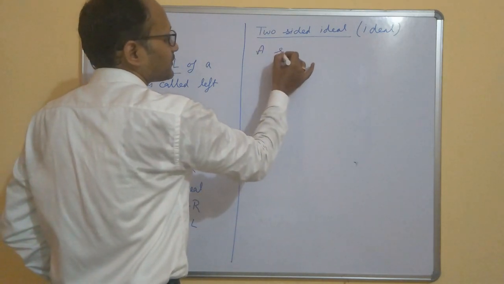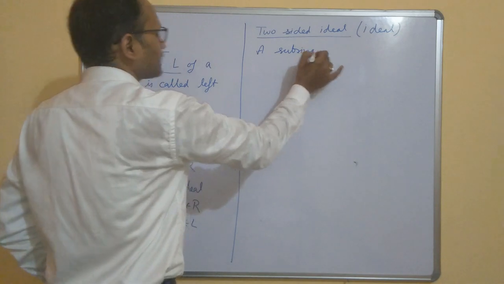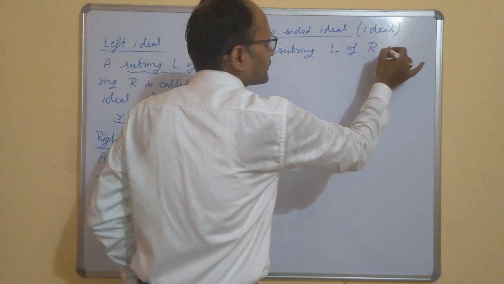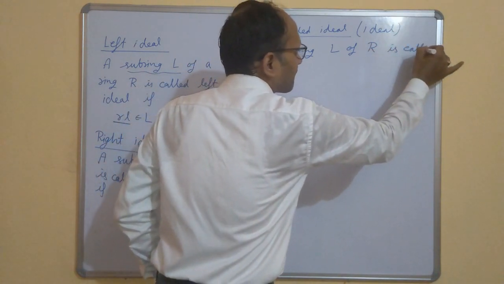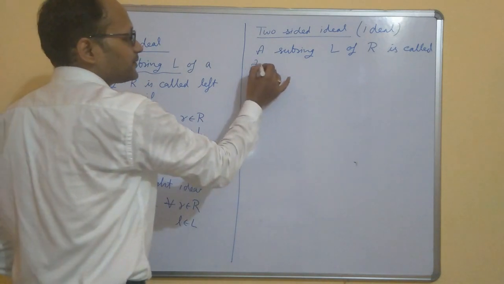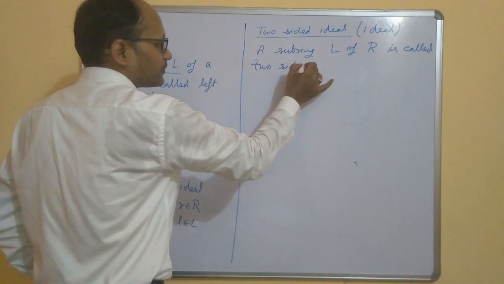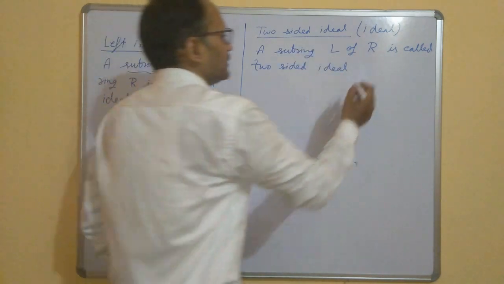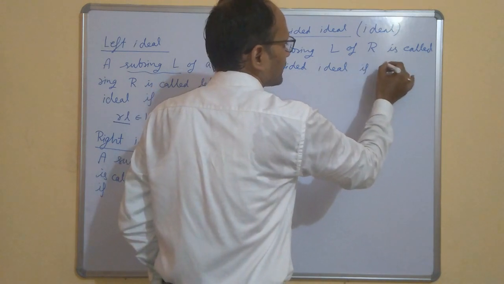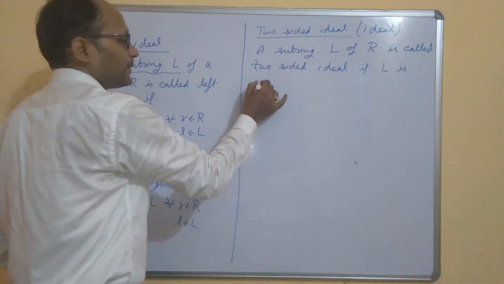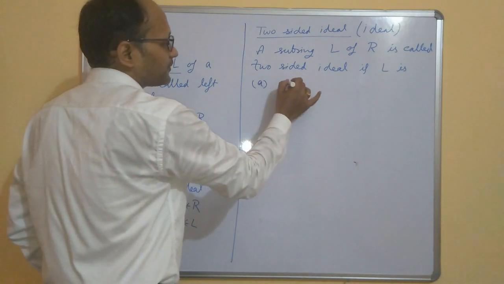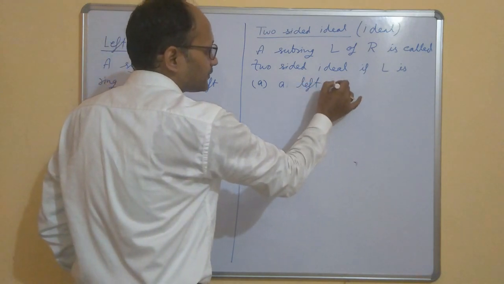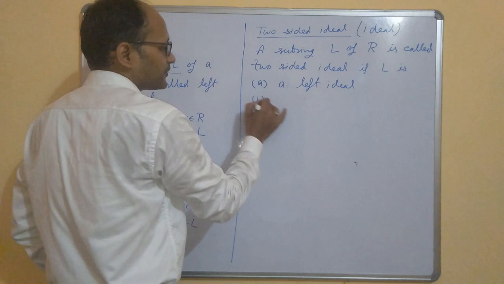A subring L of R is called two-sided ideal if L is a left ideal and a right ideal.